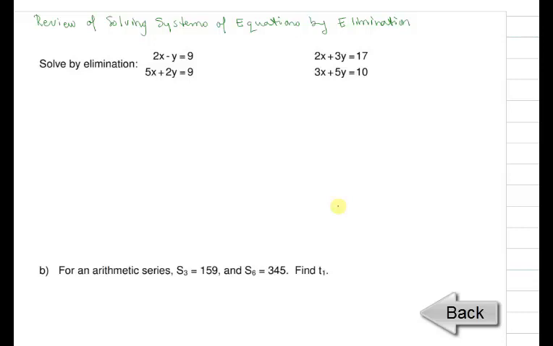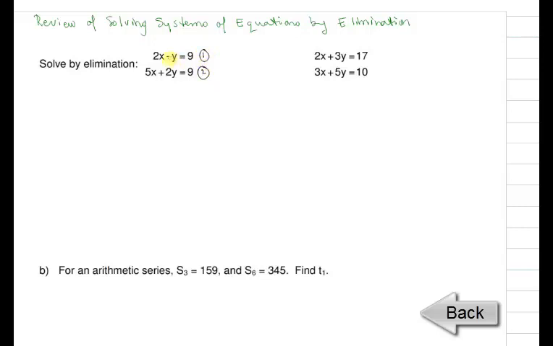Okay, now remember from last year that when we want to solve by elimination, we want to eliminate one of our variables. So when we look at the first question here, we can see that probably the easiest variable to eliminate is going to be the y, because on my first equation, equation 1, and I'll call this equation 2.